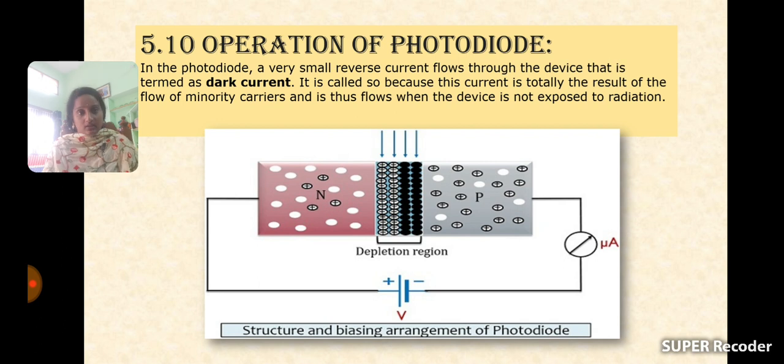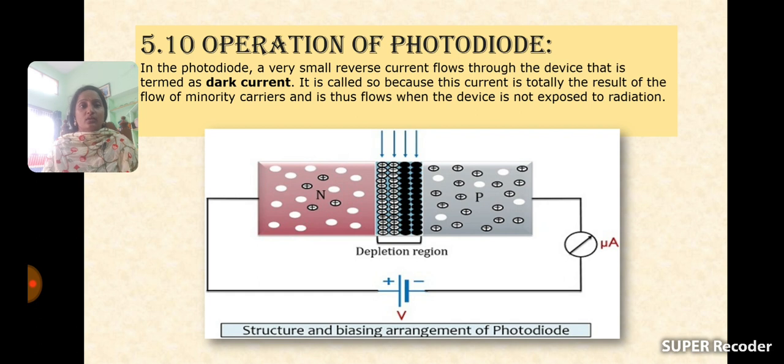Dark current. Why is it called dark? It is called so because this current is totally the result of the flow of minority charge carriers, and thus flows when the device is not exposed to radiation.